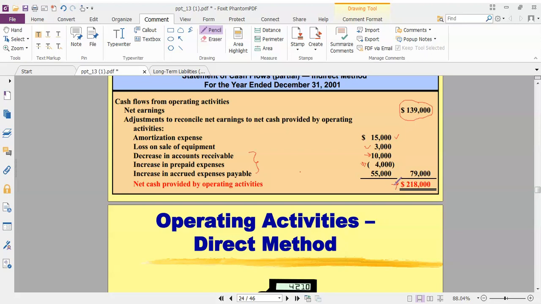Okay, so after you do this, you will arrive at the amount of cash only in the operating activity. That is the formula.